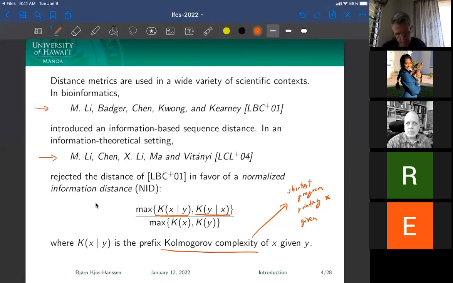Okay, so here is the distance between the two strings X and Y. So when would that be big? Well, if it's hard to describe X given Y, or the other way around, relative to how hard it is to describe the words by themselves.